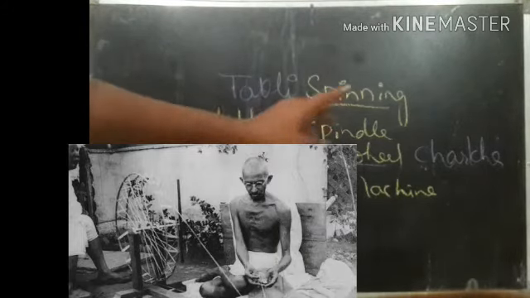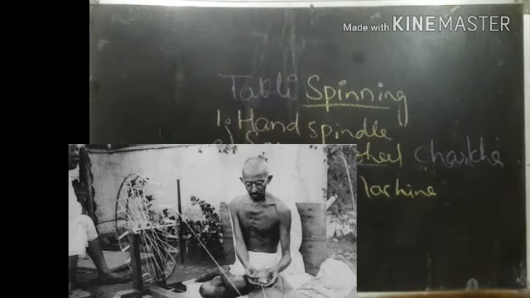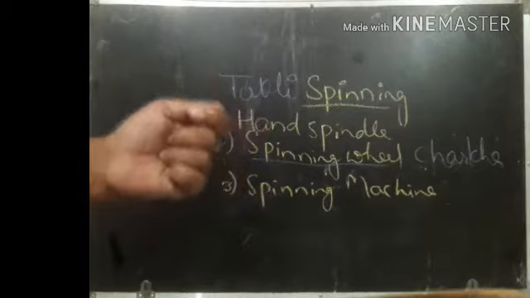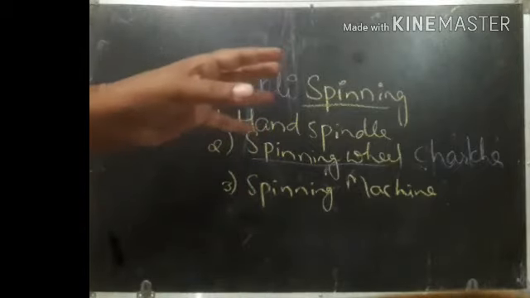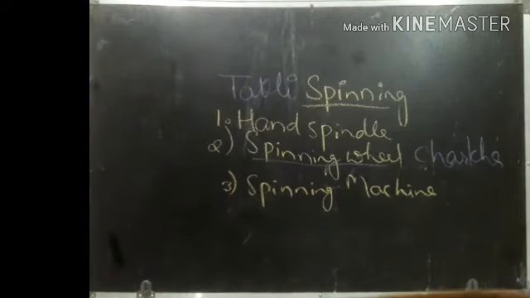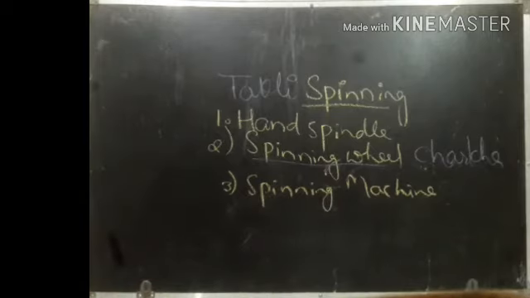We can use charka to spin, means to prepare the yarn from the fiber. You could see the picture here. This is what we call charka. By using this we can spin the cotton wool. By holding the cotton wool, if you repeatedly spin it, you can get the yarn. Have you seen that? Very good. And next, the third one is the spinning machine.